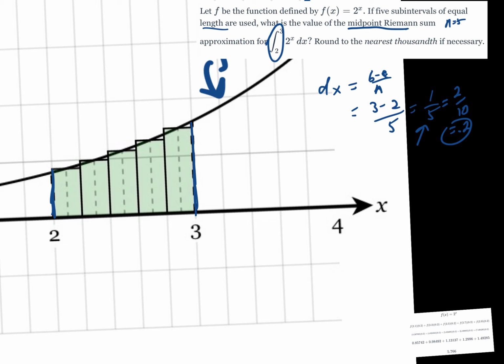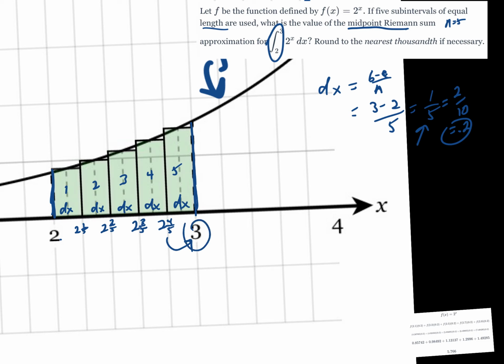The first thing we do is break up our intervals. We know we have 5, so here's rectangle 1, 2, 3, 4, 5. But how do we know what the subinterval is? The dx tells us, and the change in x each time is 1/5. So if this is 2, this is 2 and 1/5, this is 2 and 2/5, 2 and 3/5, 2 and 4/5. And guess what 2 and 5/5 is?